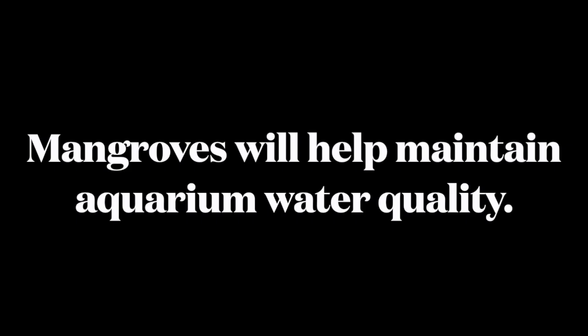And guess what? It didn't work. That's why you don't really see anybody today in the aquarium hobby using mangroves. You will see professional aquariums put mangroves in their exhibits, but that's for aesthetic reasons, because there is no scientific proof backing up that a mangrove will clean your aquarium water.